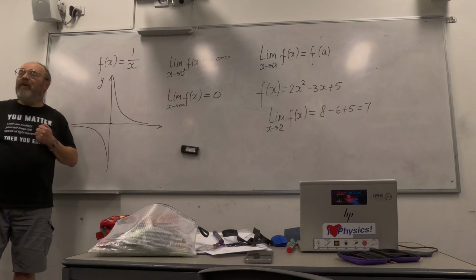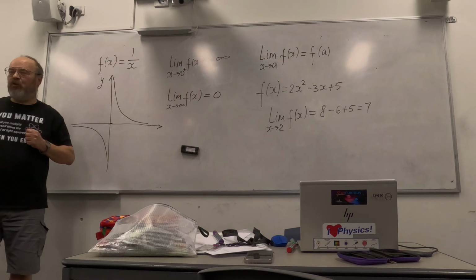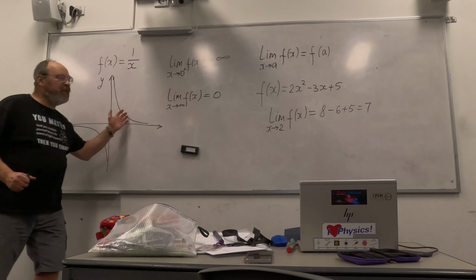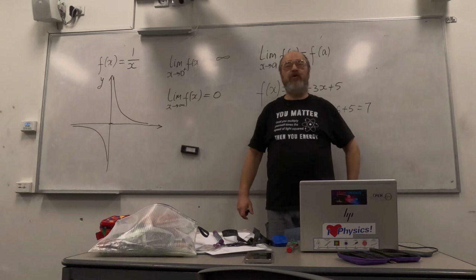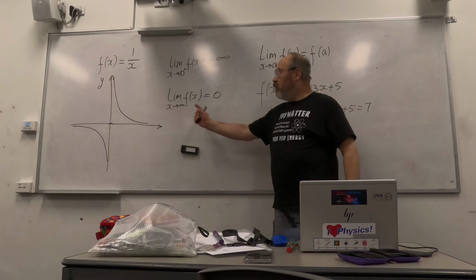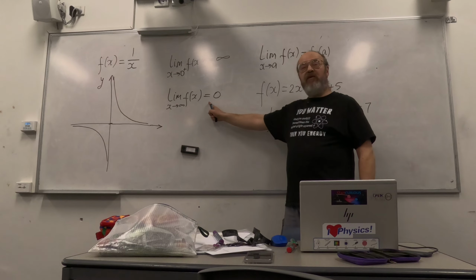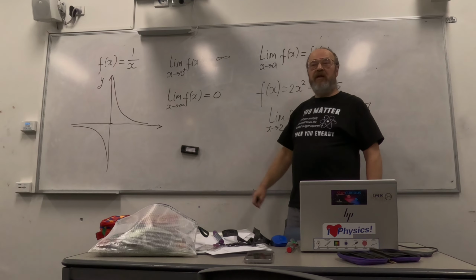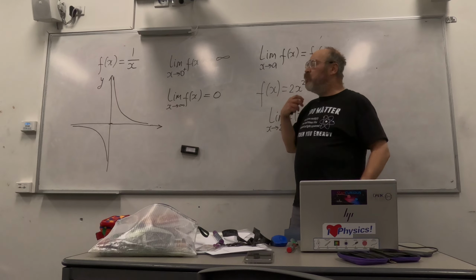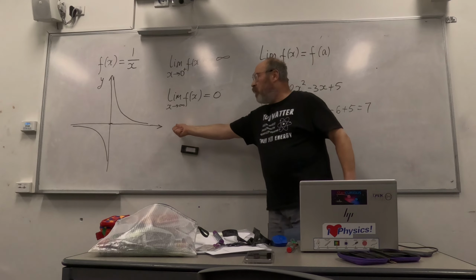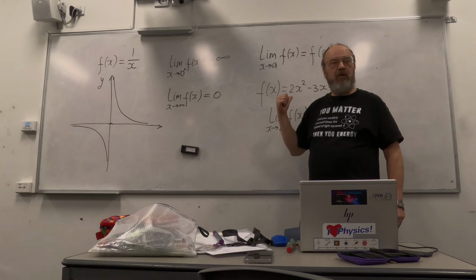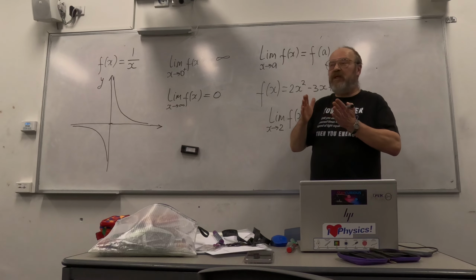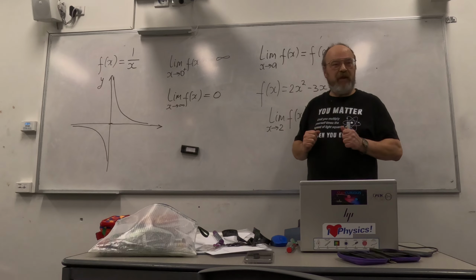No. It's approaching it, and the bigger we take x, the closer it's approaching 0. So this limit exists, even though the function does not exist. When x approaching infinity, y approaching 0. It will never be 0, but it's infinitely close to 0. Make sense?